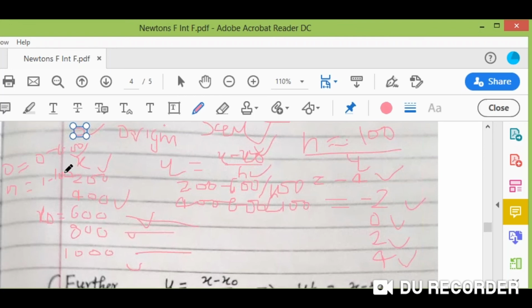By introducing a new origin and scale, we get a new variable. And why do we do this? Because of ease of handling the data, because of convenience of handling the data. You can see the data has become so simplified.